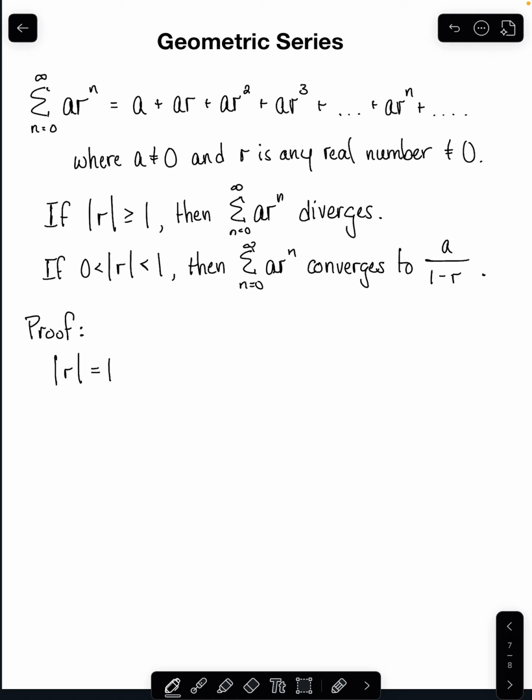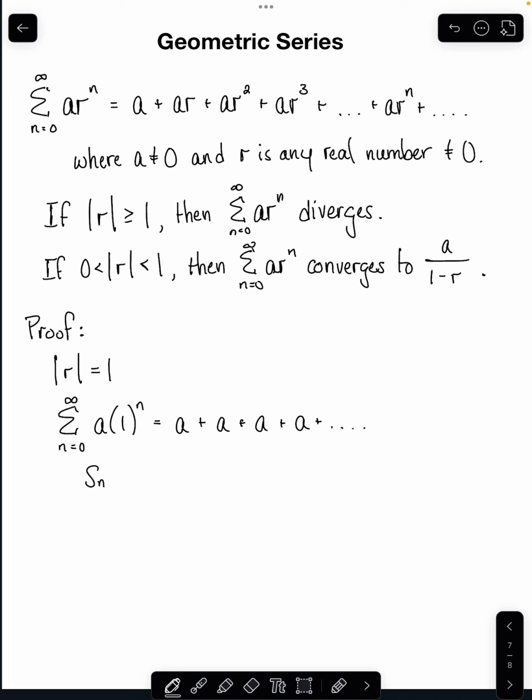So in the case of r being equal to 1, our series is a times 1 to the n, which means our first term is a, and our second term is a times 1 to the first, and our third term is a times 1 to the second, and then a times 1 to the third, and so on.